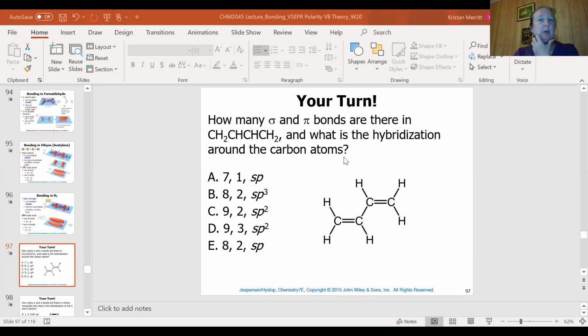All right, how many sigma and pi bonds are there? There are 1, 2, 3, 4, 5, 6, 7, 8, 9 sigmas, because you always start with the single bonds. And how many pi bonds are there? There's 1 here and 1 here. So the answer is C. 9 sigmas, 2 pi's, and each carbon is sp2.